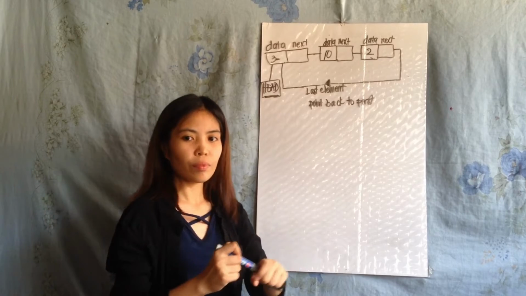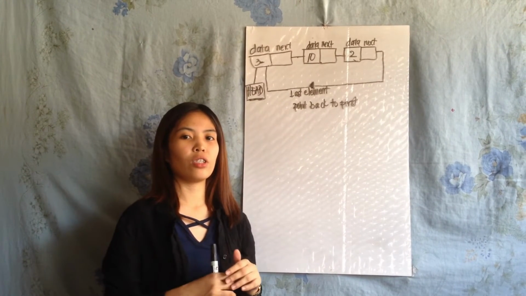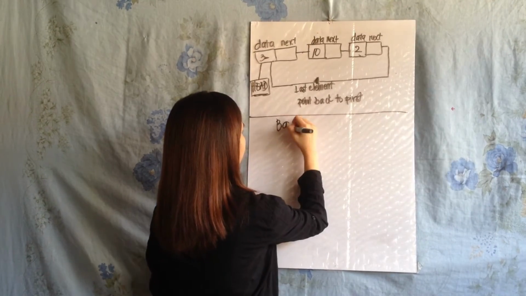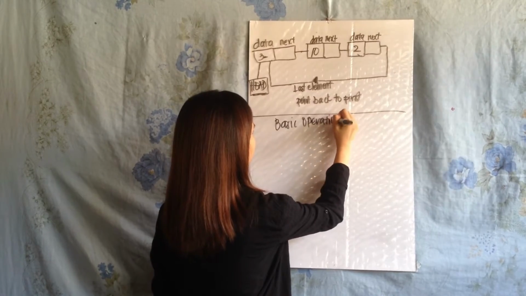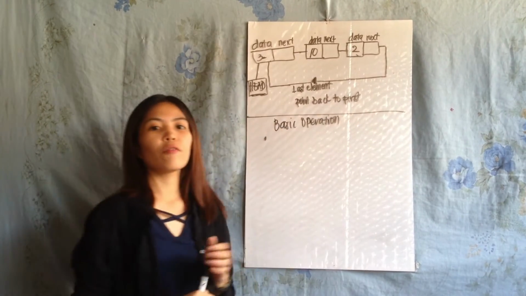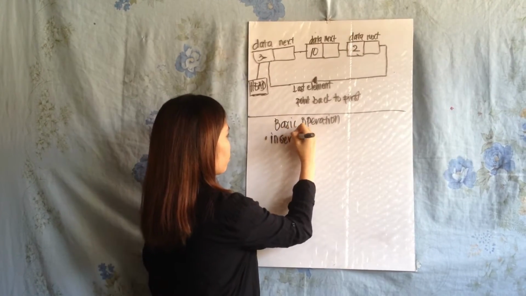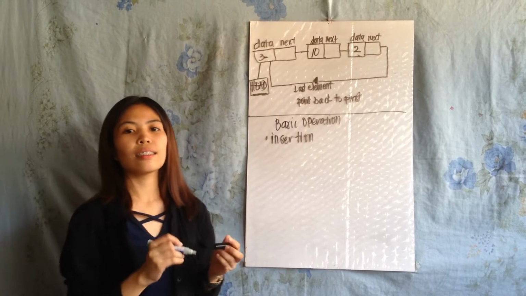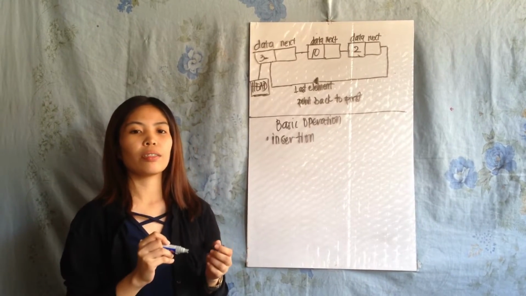So, yun. So, para sa last discussion ko, meron tayong basic operations in linked list. So, the first one is insertion. Sa insertion, nag-add lang tayo ng element sa umpisa ng list na gagamitin natin.